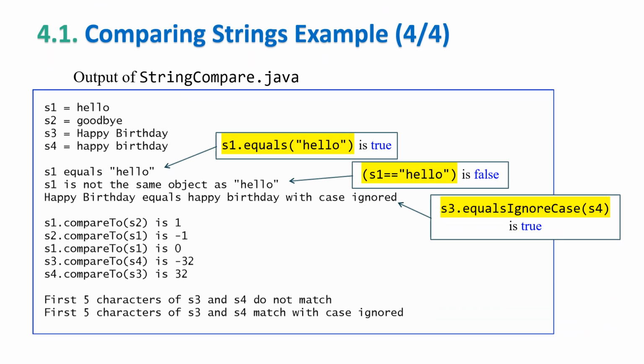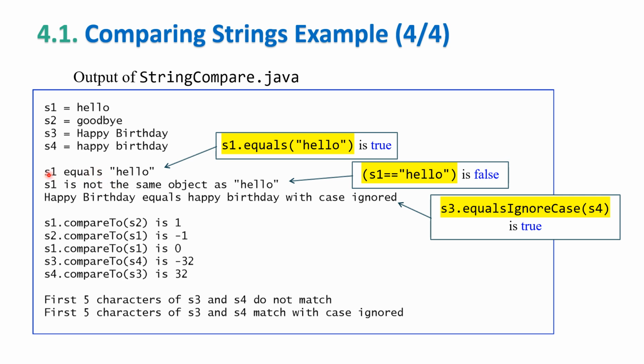Here is the output of the StringCompare.java program. The first 4 lines of text in the output show the values of the 4 string objects S1, S2, S3, and S4. The next 3 non-empty lines show the result of comparison for equality.